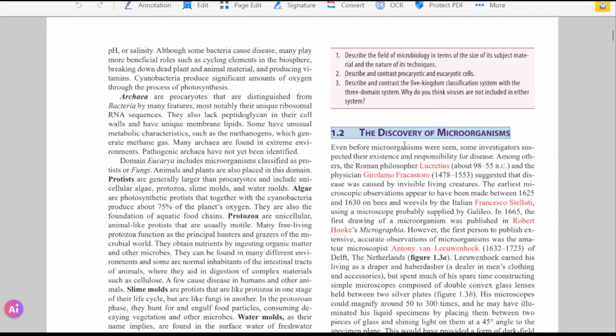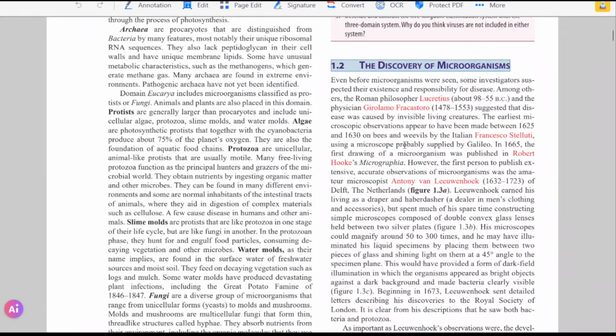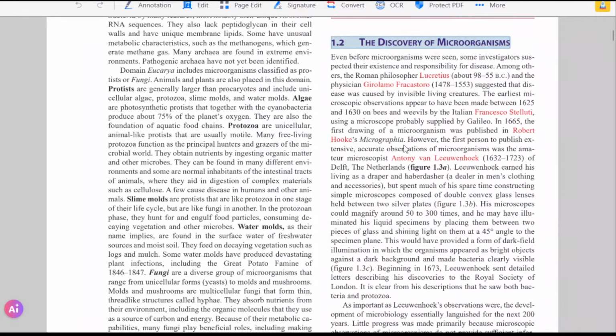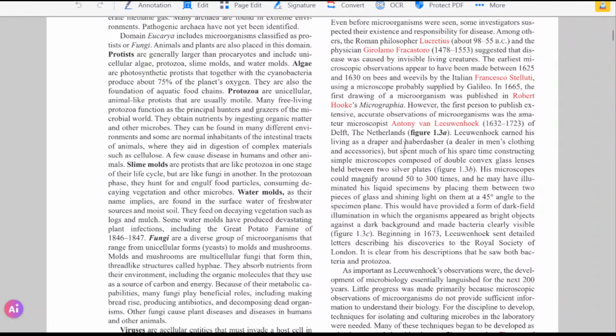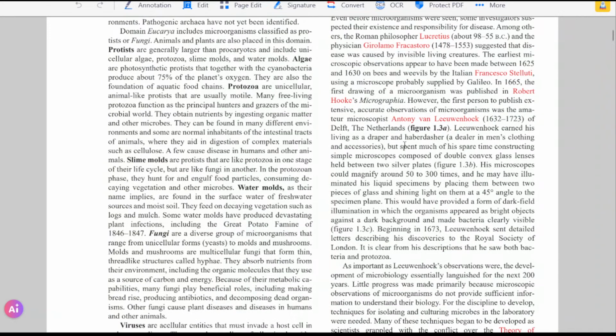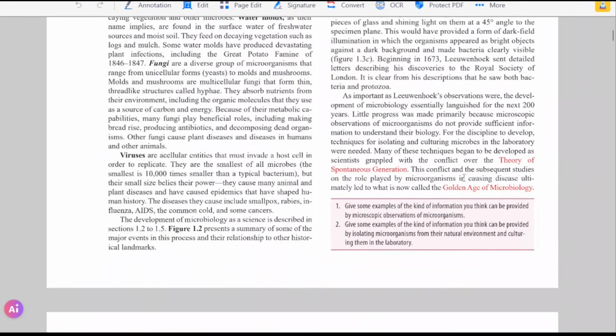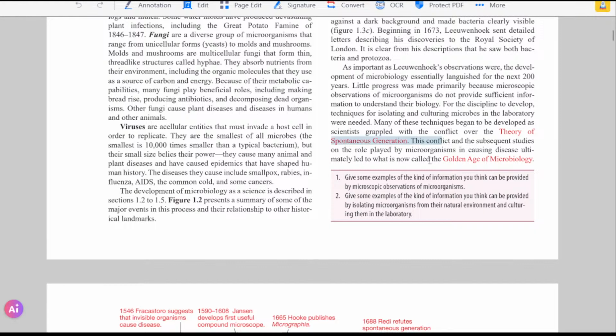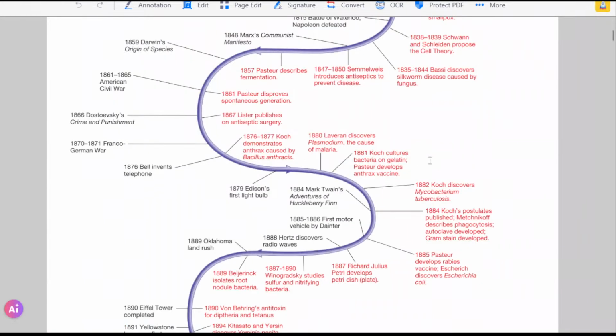1.2. So it started with the Micrographia. It started with Leeuwenhoek, so he discovered the microorganisms. That is an important discovery. And then Pasteur debunked the spontaneous generation theory. That was important.